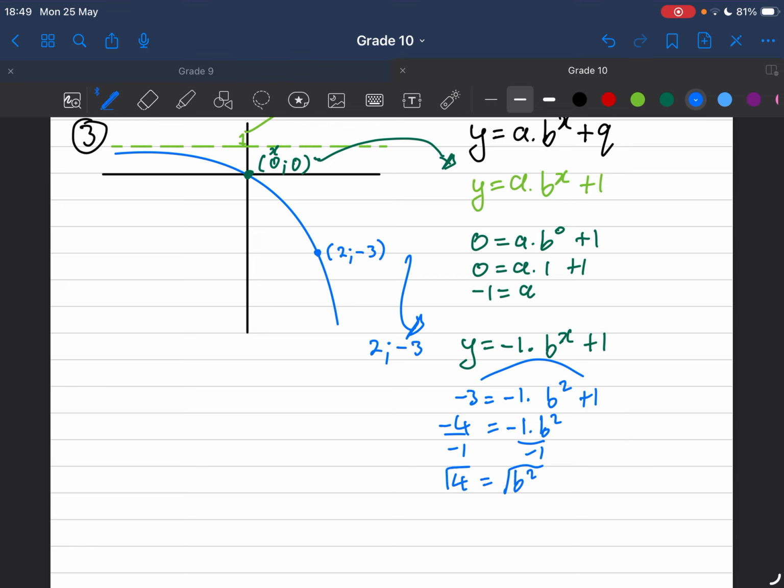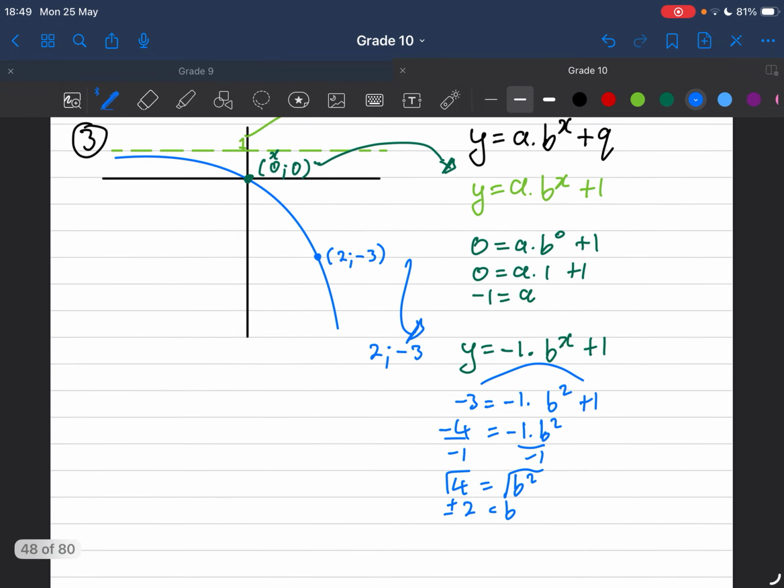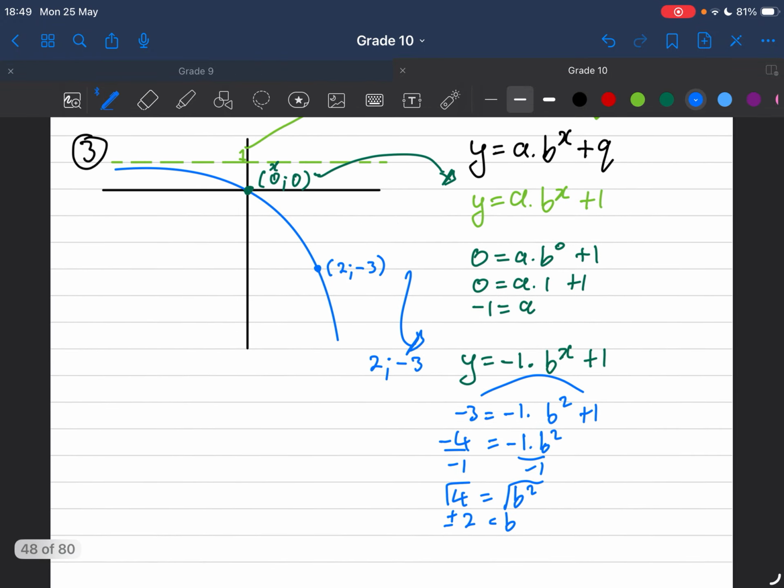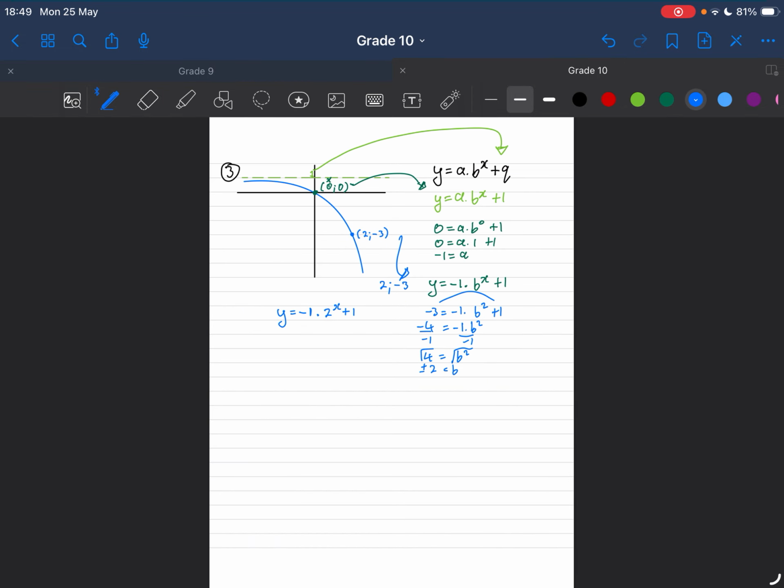If you square root this, b is equal to positive or negative 2. But remember, we said b is always going to be a positive value. So y is equal to -1 dot 2 to the power x plus 1. Alright, and that's how we find the equation for our exponential graph.